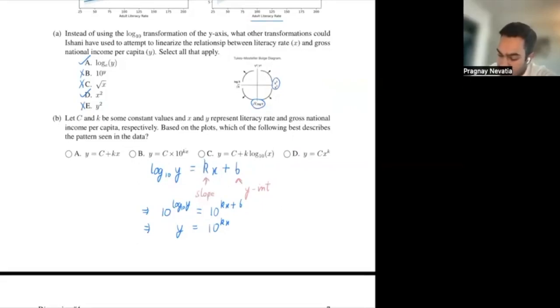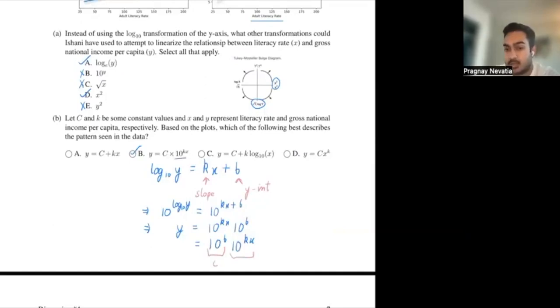And you can separate these powers of 10 on the right-hand side and write it differently, as 10 to the b times 10 to the kx. You could think of 10 to the b as some constant c. So here the correct answer would be B, because 10 to the b is just a constant, and 10 to the kx is matching this pattern.